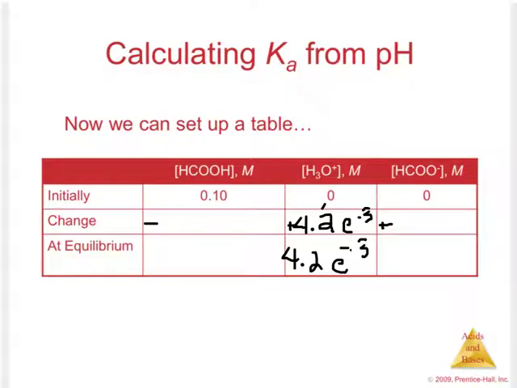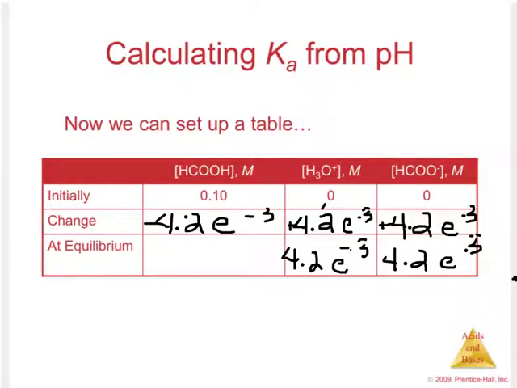And since when formic acid dissociates, it's going to form one hydronium ion for every one formate ion, then the concentration of our formate ions at equilibrium is going to be the same as our hydronium ion concentration. And since this is a 1-to-1-to-1 ratio, whatever amount the species increased by, this species has decreased by.